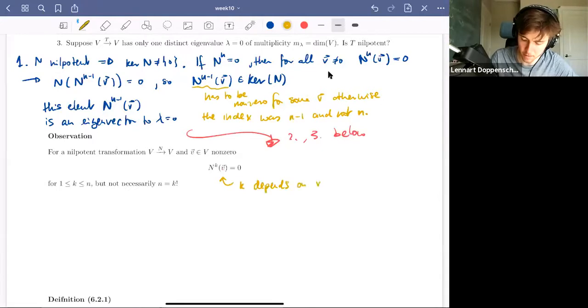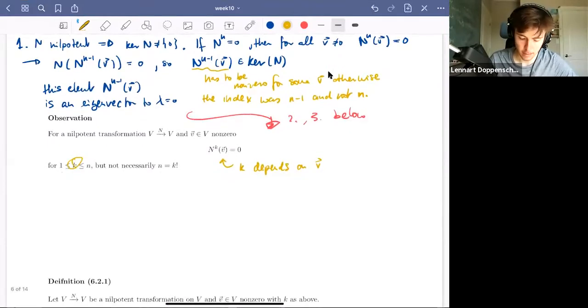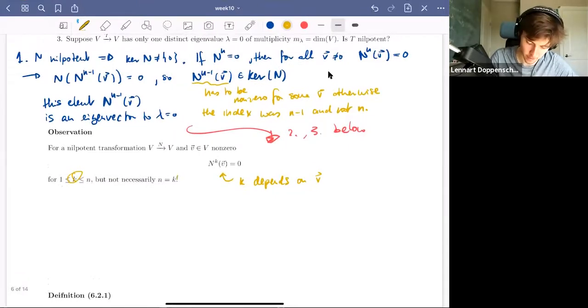But what we do know is k has to be between 1 and n. It can't be greater than n, because then n to the n just sets everything to 0. And it also can't be anything less than 1. This is not factorial.